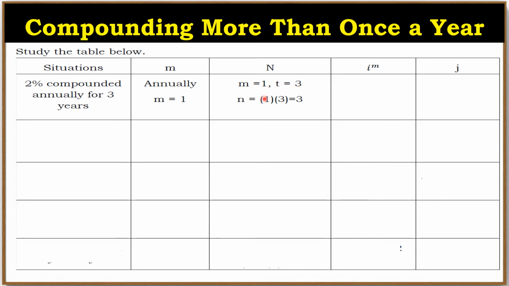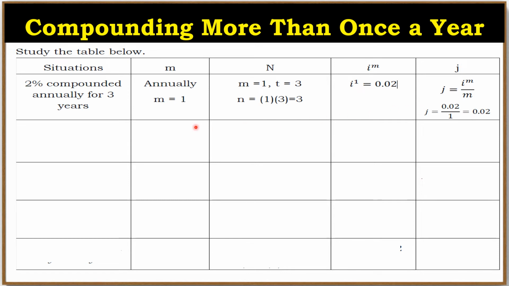So 1 times 3. 3 came from this one, payable for 3 years. Next, i raised to m, simply the rate. And our rate here is 2%, which is expressed in decimal, that is 0.02. And our j is i raised to m all over m.